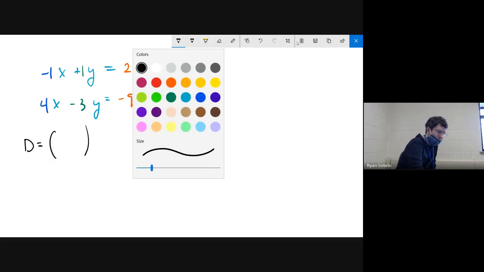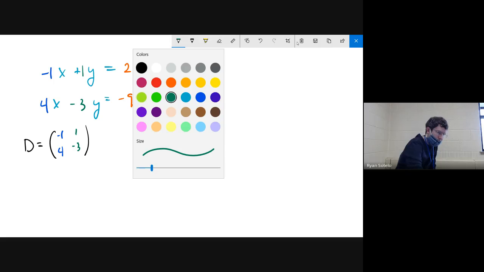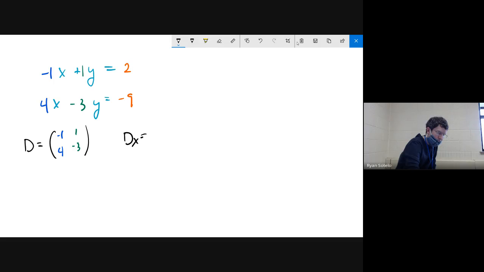One is the x and the y values. This will have the green values.